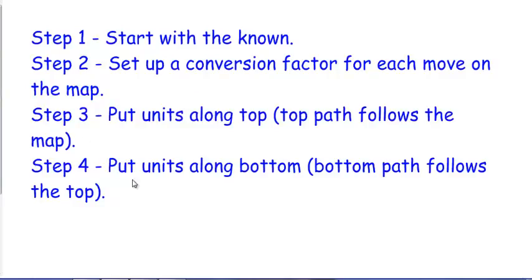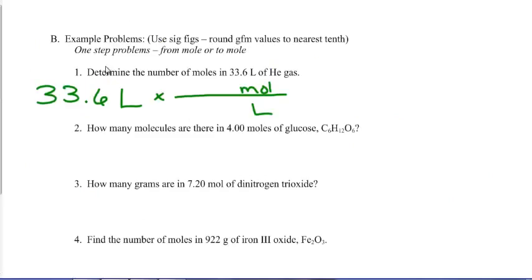Step 4, we're going to put units along the bottom. The bottom path follows the top. And what I mean by that is the unit comes on down. So whereas liter unit was up here, I'm going to move the liter unit down to the bottom. So top path followed my map, liter to mole, bottom followed the top, liter came on down.